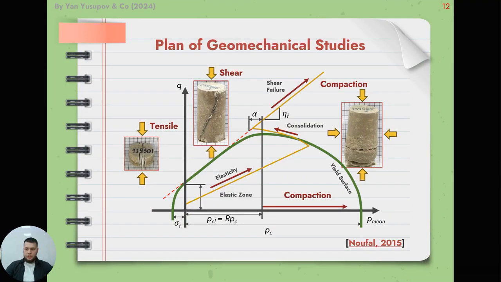The importance of compaction as well as shear and tensile failure brings focus on the cap plasticity model. In this case, pore collapse occurs at high mean stress and low deviatoric stress, whereas brittle shear failure occurs at low mean stress and high deviatoric stress.